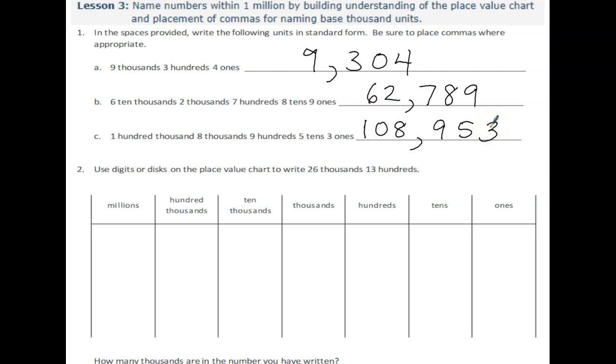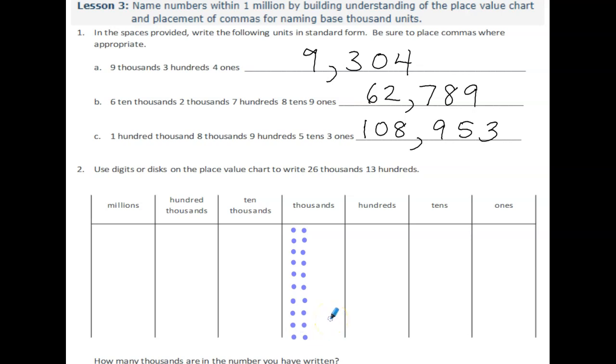Now, number 2 says, use digits or discs on a place value chart to write 26,000 1300s. So if I get 1, 2, 3, 4, 5, 6, 7, 8, 9, 10, 11, 12, 13, 14, 15, 16, 17, 18, 19, 20.